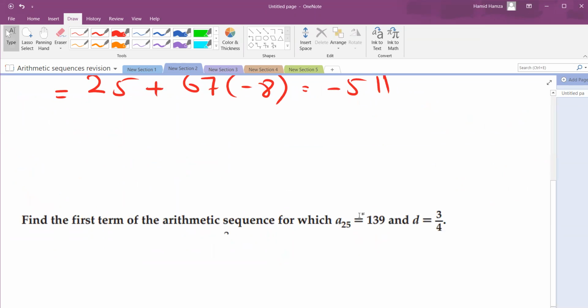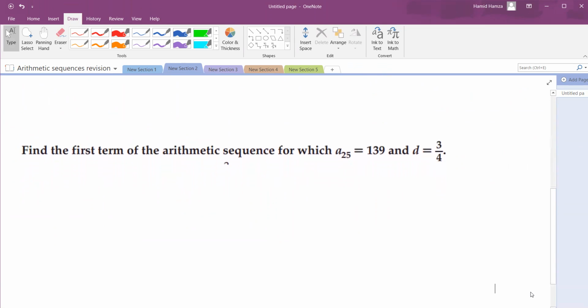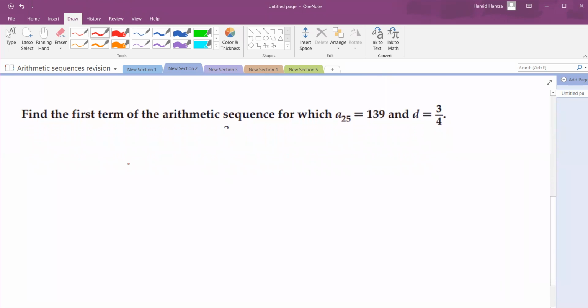The next one, we wanted to find the first term, A1, of an arithmetic sequence for which A25 equals 139 and D equals 3/4.